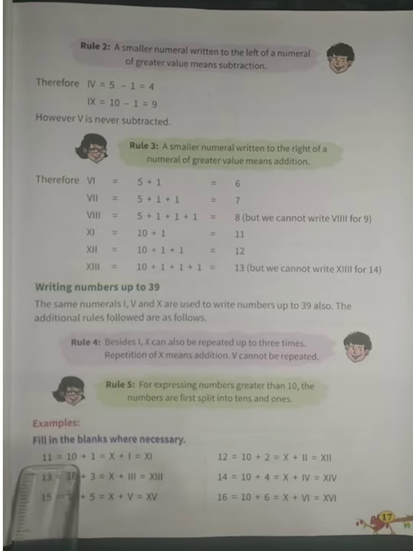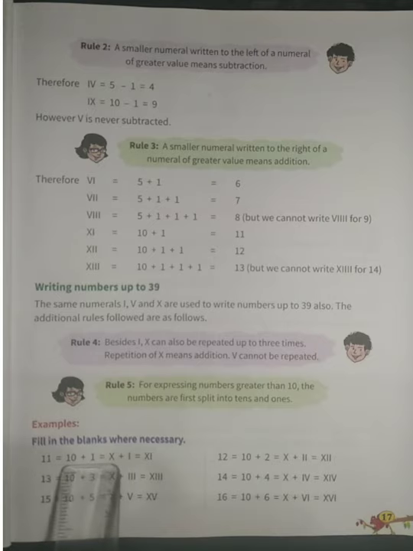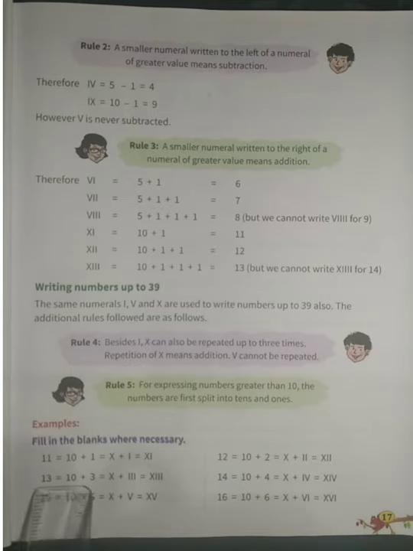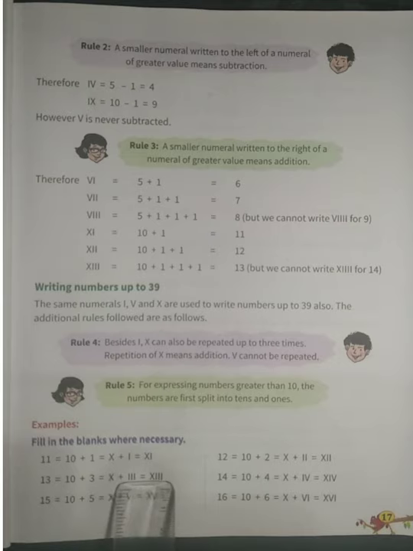Here 11 is equal to 10 plus 1. 11, you know the tens and ones, right? So 10 plus 1 is 11. X is 10 plus I is 1, so X and I becomes 11. 13 is equal to 10 plus 3. So we should write X plus I, I, I. That becomes XIII.